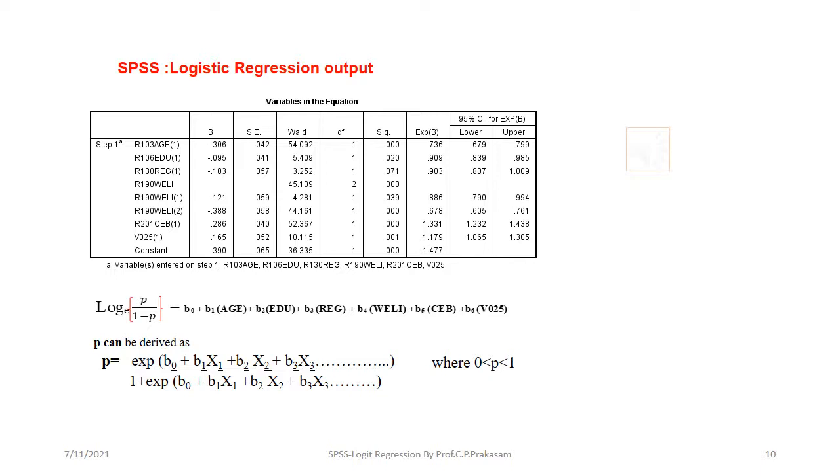Therefore, substitute the recorded beta values, which are given in the second column of the table below. You substitute them, then you will get the logit regression equation.